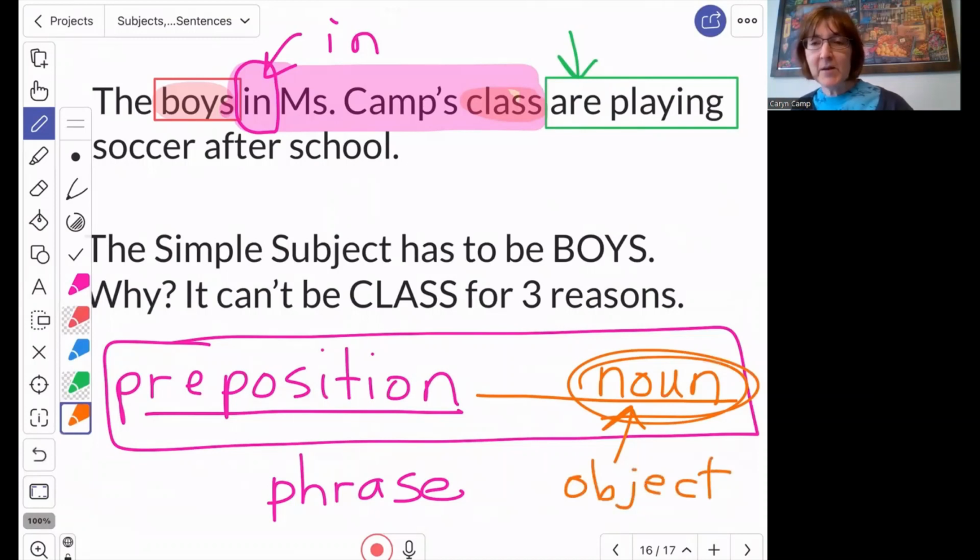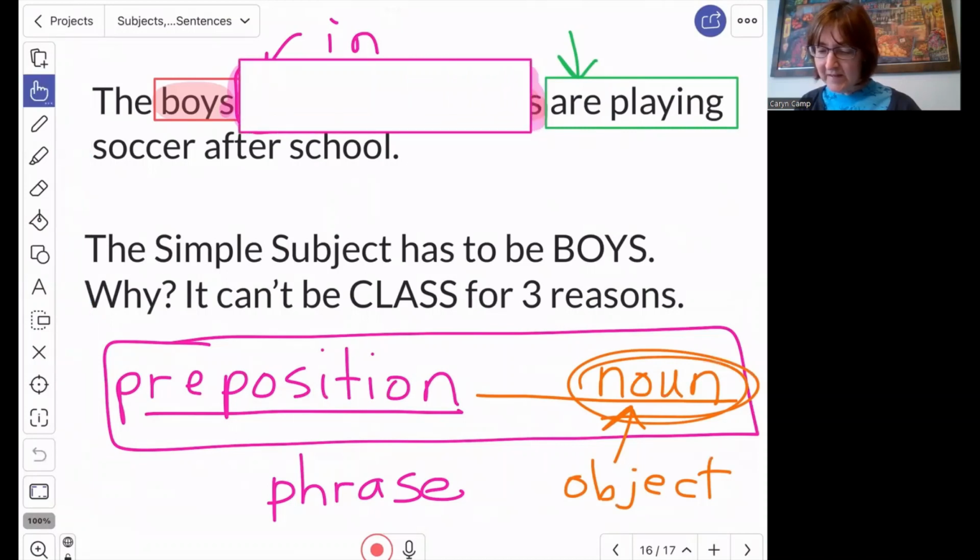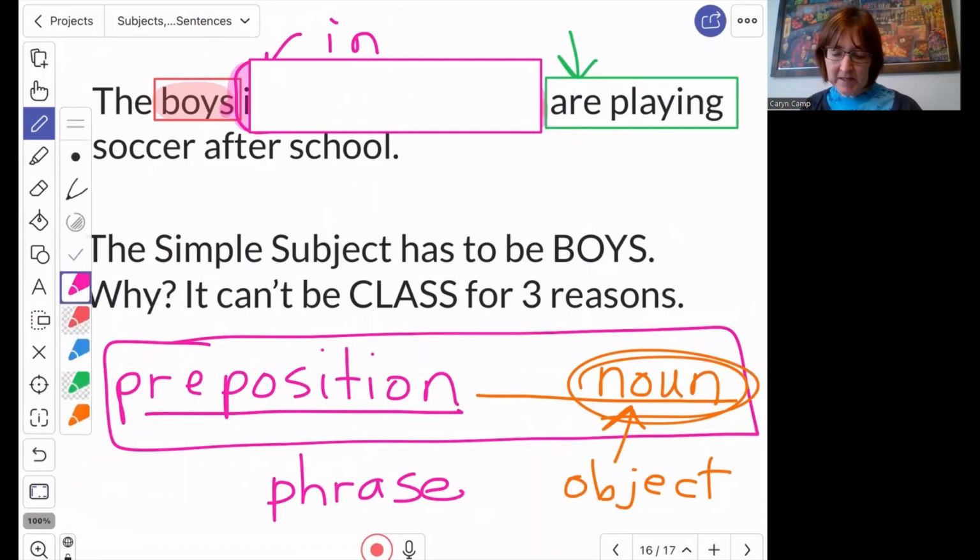So if you find a prepositional phrase inside the complete subject, you just need to take it out for a minute, cover it up in your mind, pretend it's not there, and then that will help you find the simple subject, which is boys. The only reason this prepositional phrase was here was to answer the question, which boys are we talking about? Something that answers the question which one, and gives us more information about a noun, is acting like an adjective.